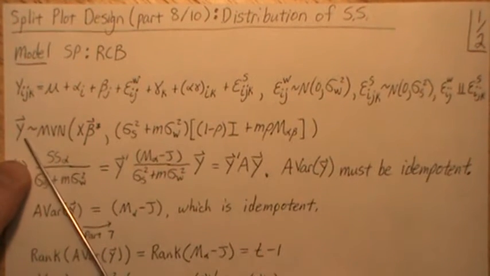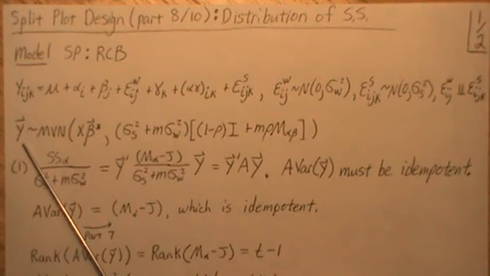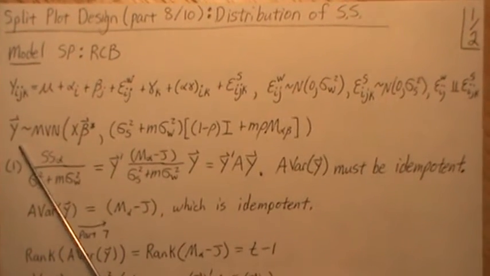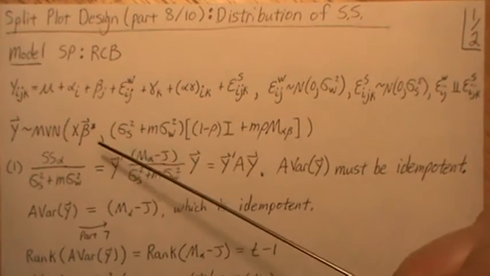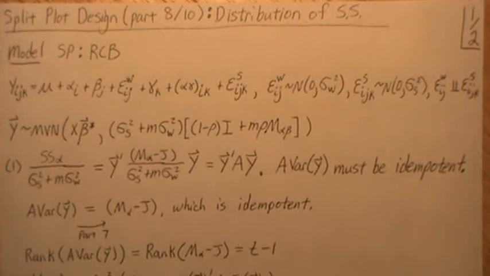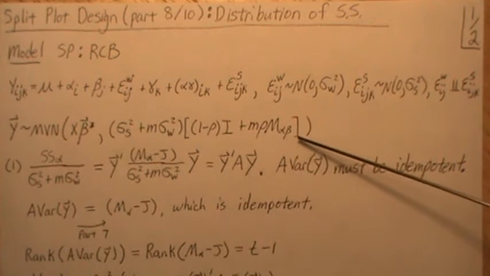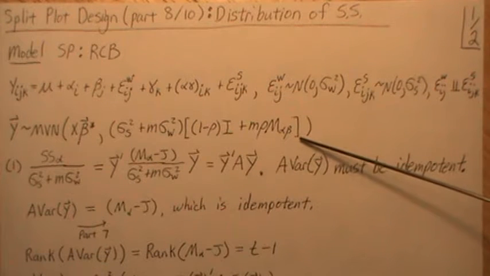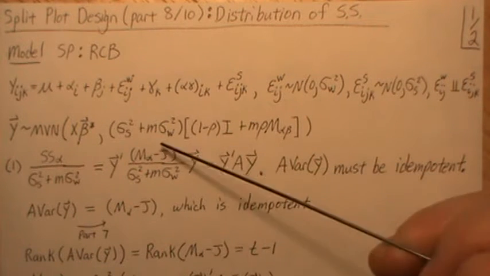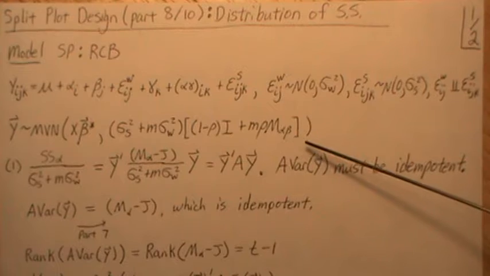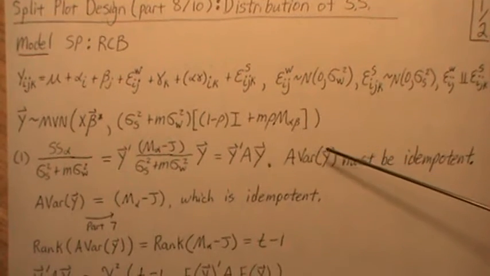Now, the distribution of the y vector is multivariate normal, has a mean X beta star, and it has this covariance matrix, and we derived it in part 1, and we've also derived it in other videos in this mini series.